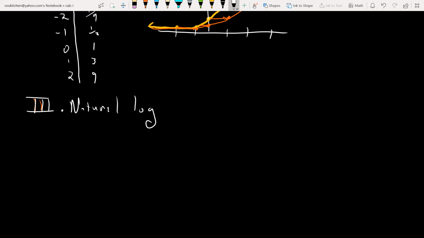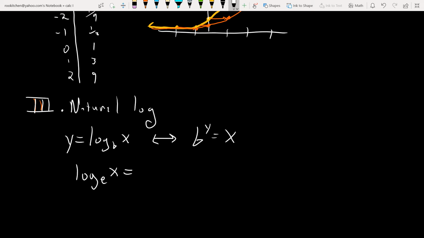So what is the definition of the log in general? y equals log base b of x is the same thing as saying b to the y equals x. So if you have log base e of x, which we're going to call the natural log of x, just like log base 10, you call log, just plain old log of x.